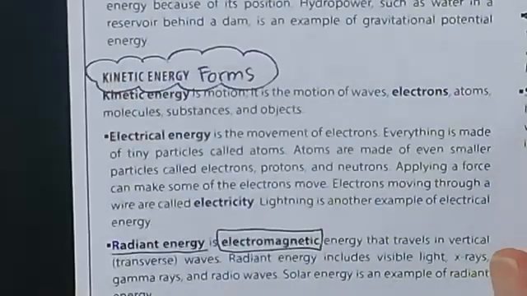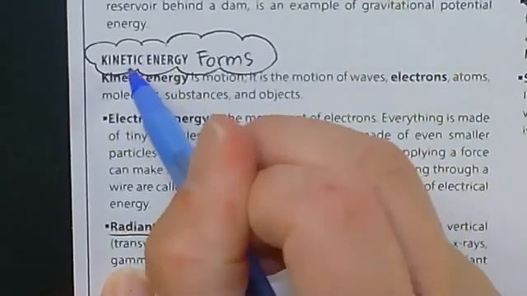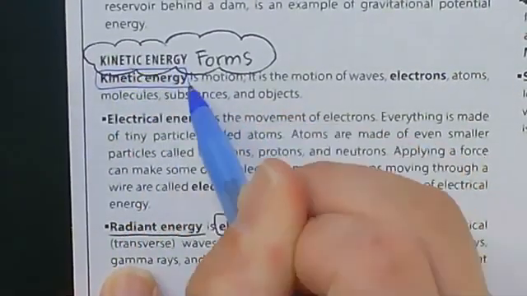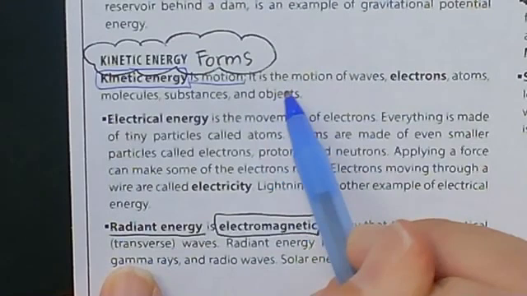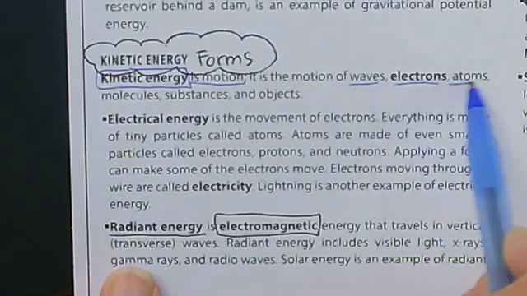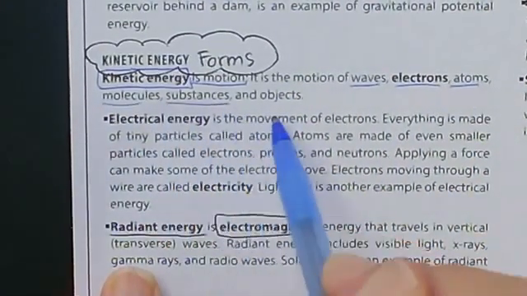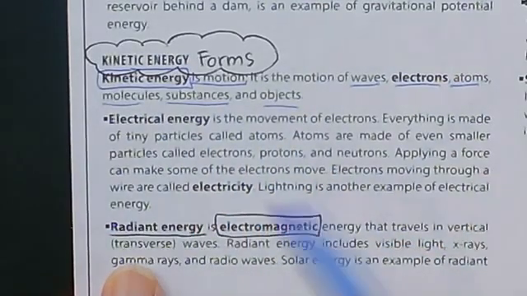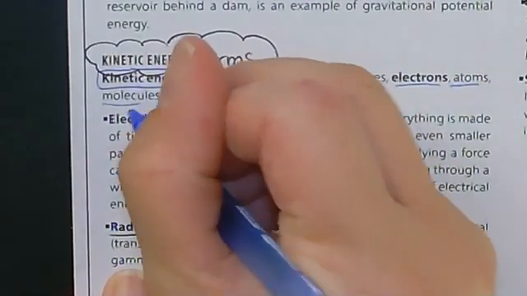Now let's take a look at some forms of kinetic energy. Kinetic energy is motion. It is the motion of waves, electrons, atoms, molecules, substances, and objects.